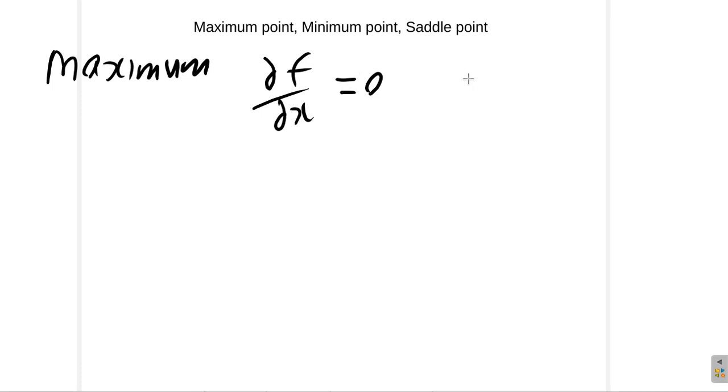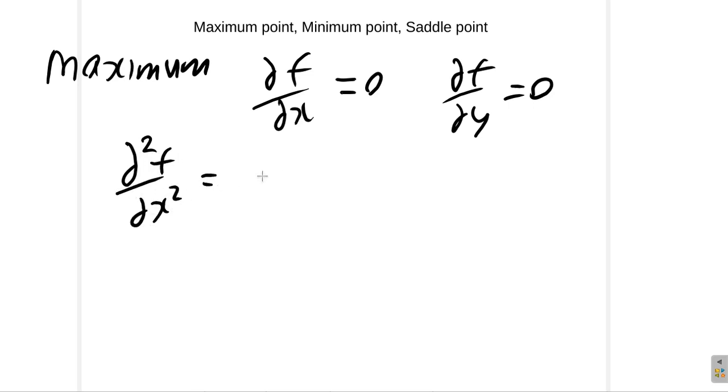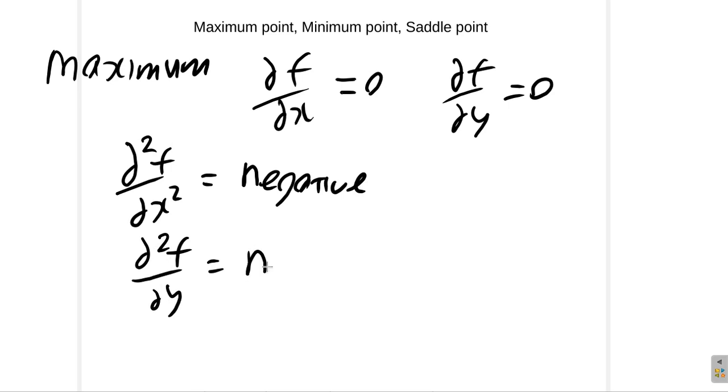In order for you to locate the maximum point, the partial derivative of the function with respect to y is also 0. You solve them simultaneously to find the location. Now the second partial derivative of the function with respect to x will be negative. Also, the second partial derivative of the function with respect to y is also negative.